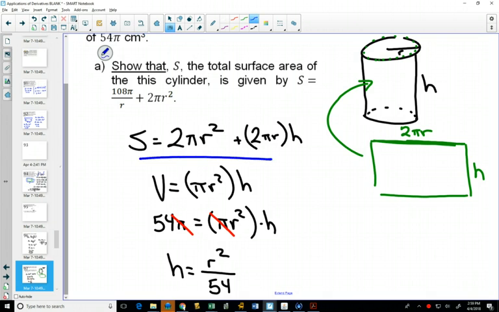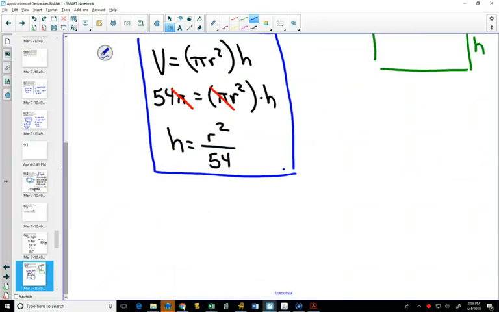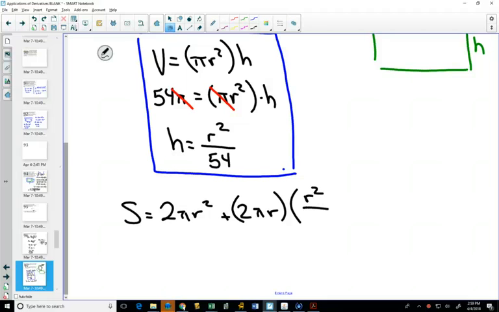Because I have this information here, I can plug that back into my formula. So my surface area, which is 2 pi r squared plus 2 pi r times the height, now for the height I can substitute in 54 over r squared.